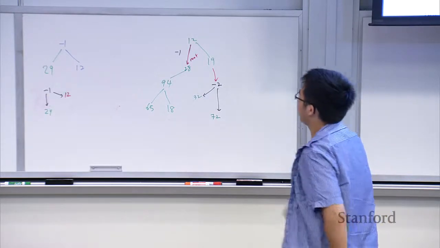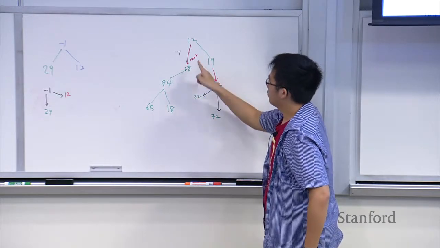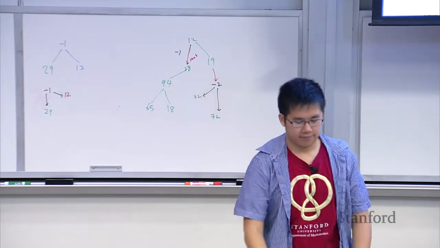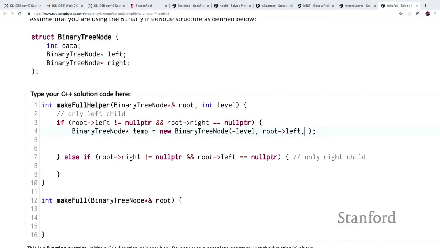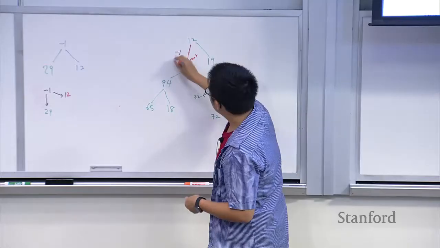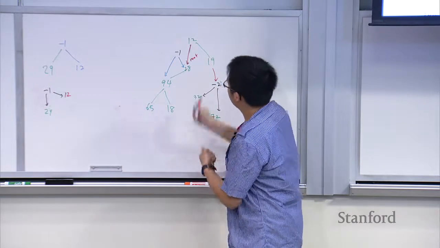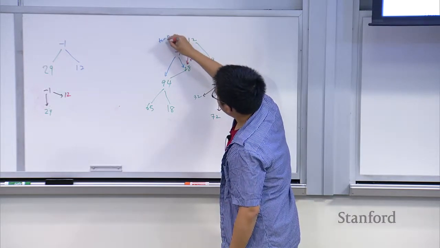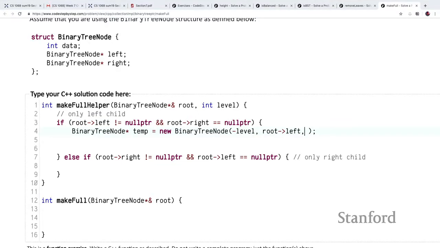And how do we get 94? Root left. Right, okay. How about the right? It's just root itself, right? Okay, this is temp. So negative level, root left, and then just root itself.